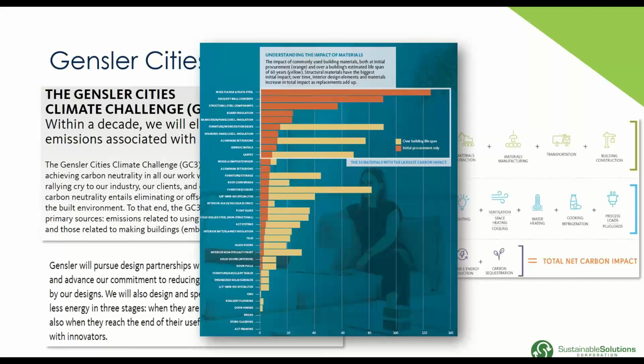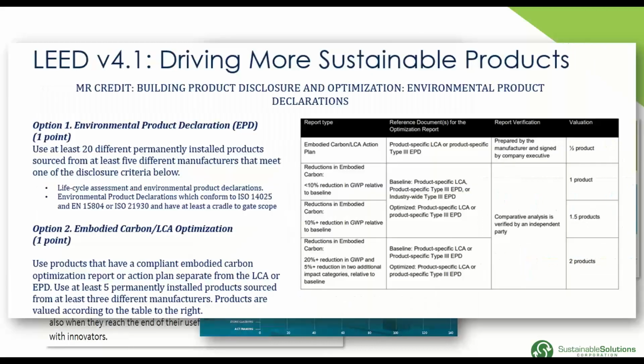And every one of these things has a life cycle impact when we build a building. So understanding these materials and looking to select materials that have lower embodied carbon or lower carbon footprint is a way to reduce the initial carbon footprint when you build the building.